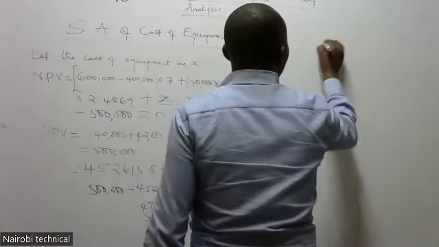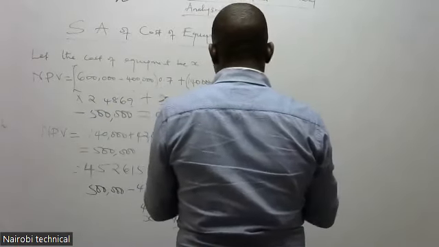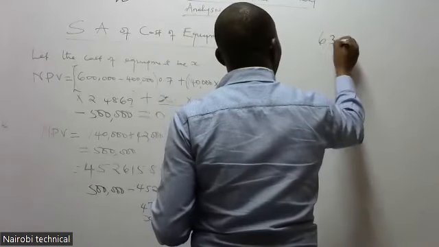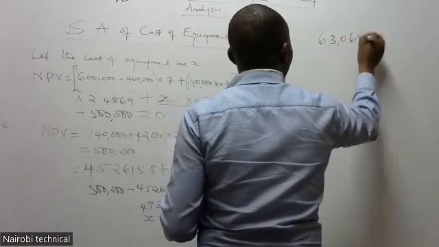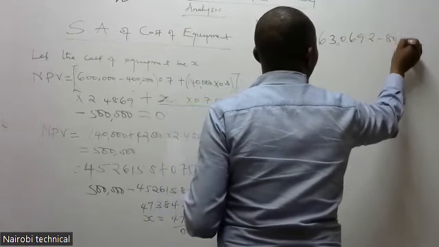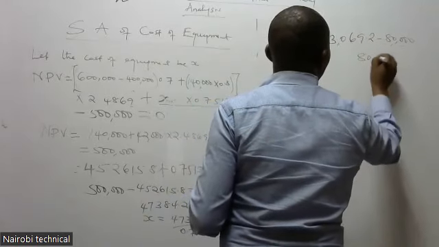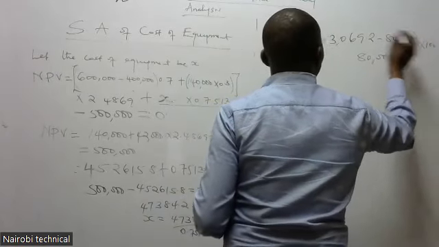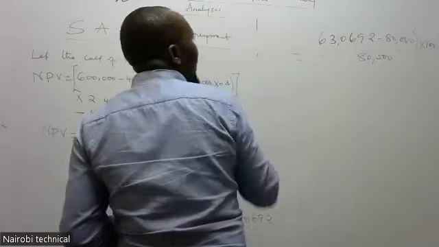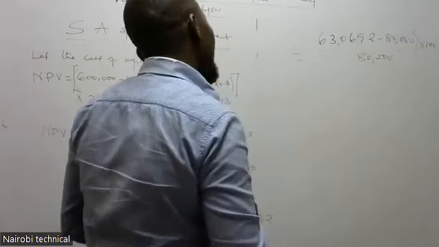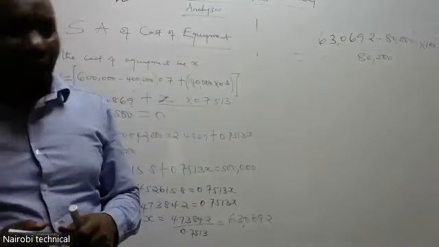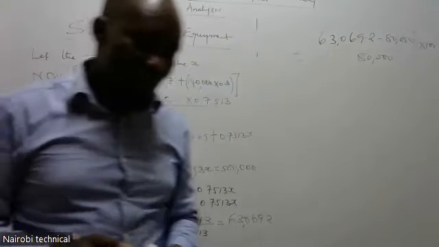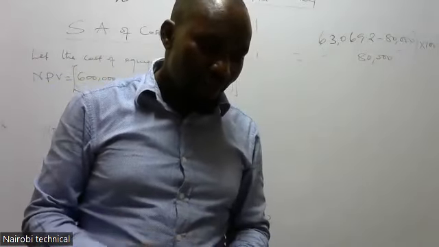Because now we have 63069.2 minus 80 all over 80 times 100%. So this one is not adverse, it is a positive change. So you can say that is the sensitivity analysis. You ignore the negative sign. We agreed. We ignore the negative side.